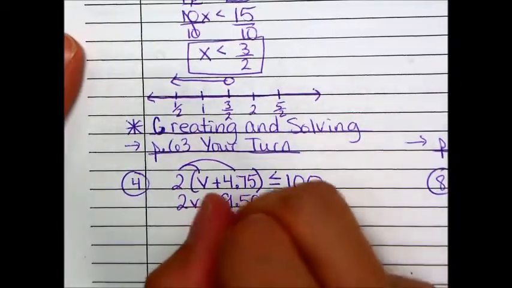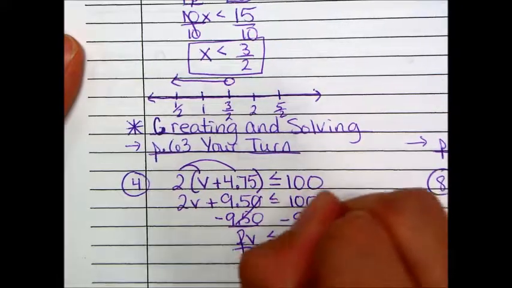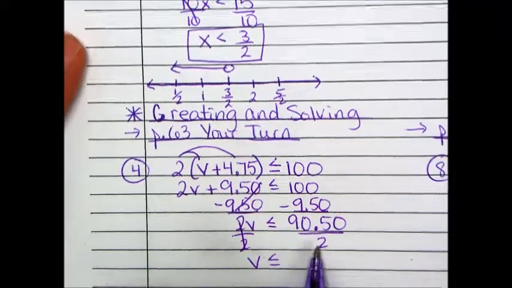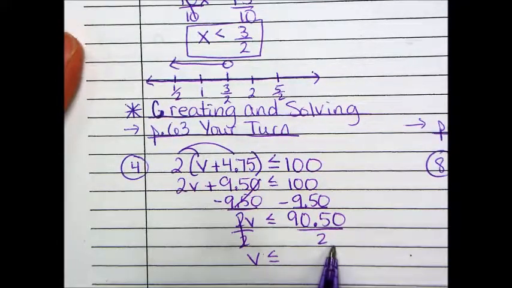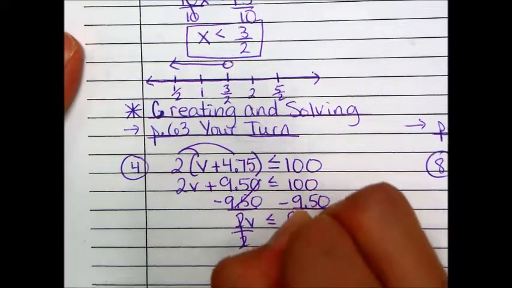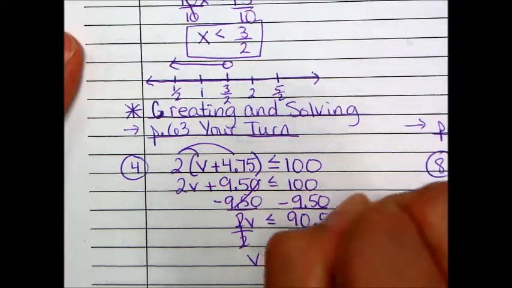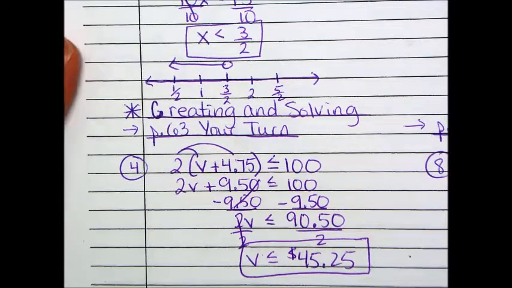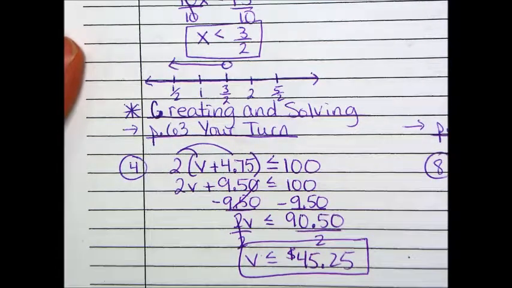So now if we divide by 2, it will tell us the cost that he could spend on each video game. If you do 90.50 divided by 2, it comes out that he could spend $45.25 on each of the video games or less, and he would stay underneath his $100 budget.